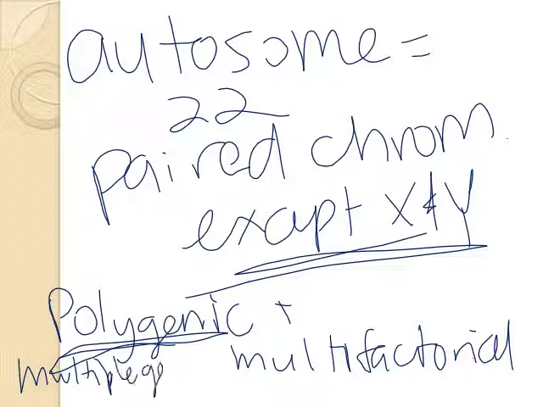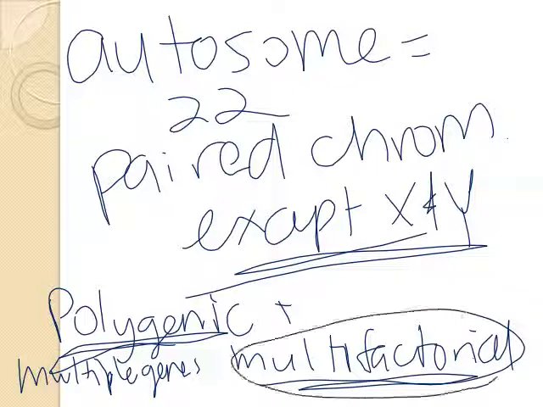So things like height and eye color aren't just associated with one gene. It's a little bit more complicated than that. You can have a trait that's polygenic, or multifactorial, or both. Multifactorial means that it's the genes plus the environment.